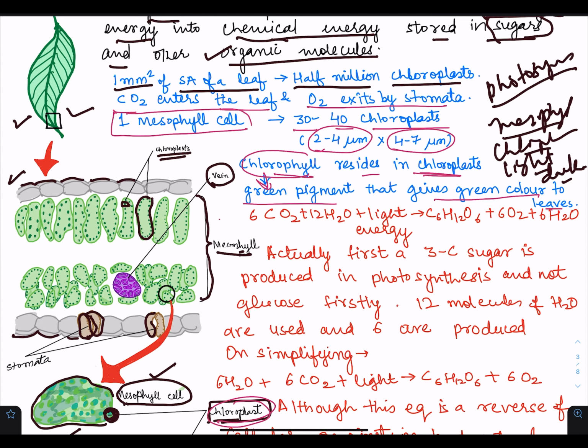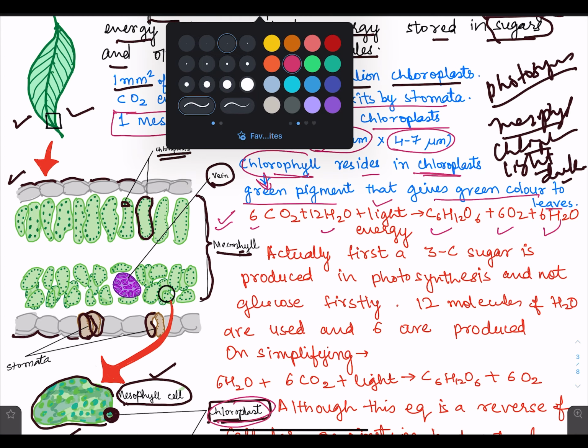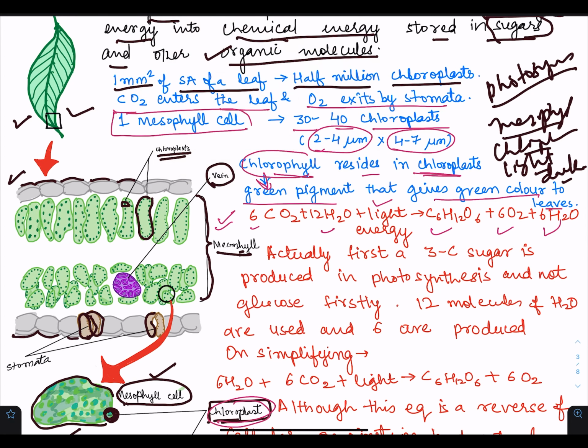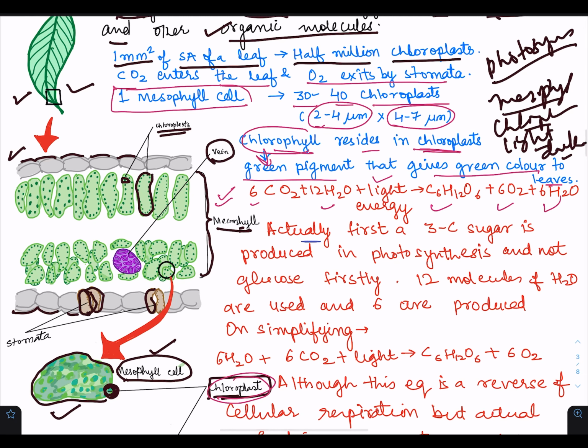Coming to the equation of photosynthesis. 6CO2 plus 12H2O plus light energy gives C6H12O6 plus 6O2 plus 6H2O. This is the equation of photosynthesis. Actually, what happens? Firstly, a 3-carbon sugar is produced.